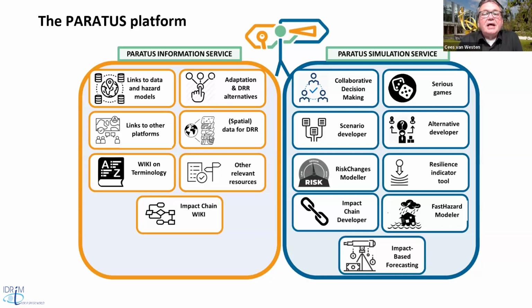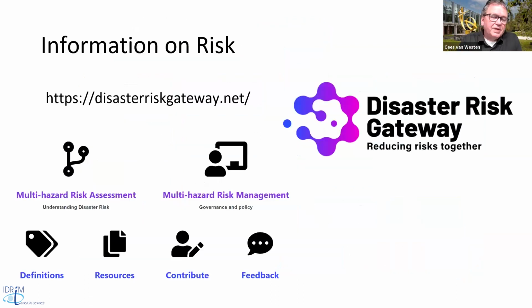And on the other hand, on the right side, we provide a number of tools that help stakeholders develop their own scenarios and alternatives for risk reduction based on their own particular situation. So these are a series of tools that will be developed in a web-based platform. We're also trying to link that up with information from other EU projects.